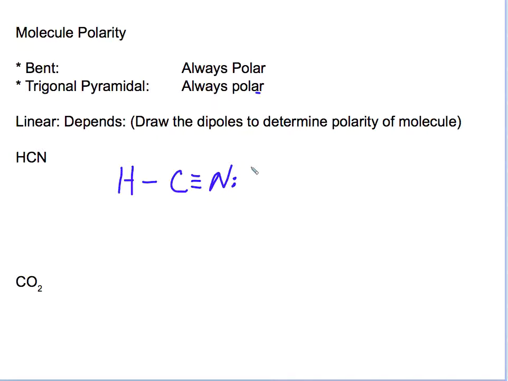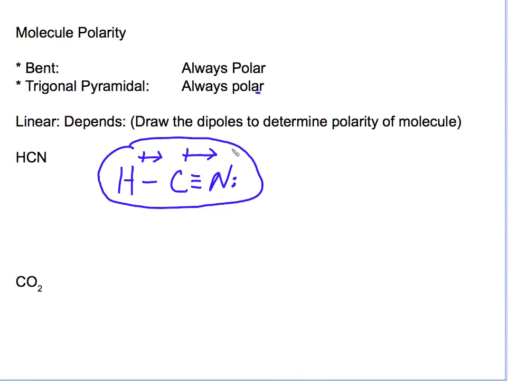And so then what you could do is look up the electronegativities, and you'd find that carbon is slightly more electronegative than hydrogen, and nitrogen is more electronegative than carbon. And so the electrons would not be evenly distributed.